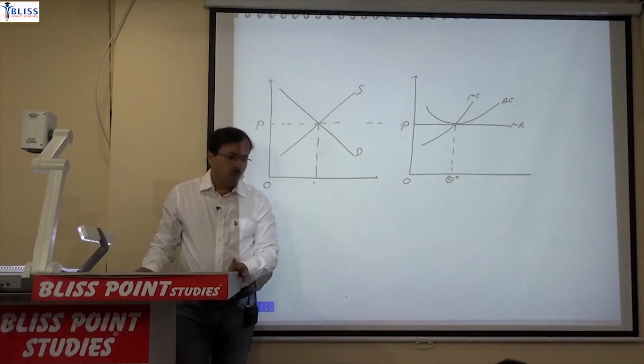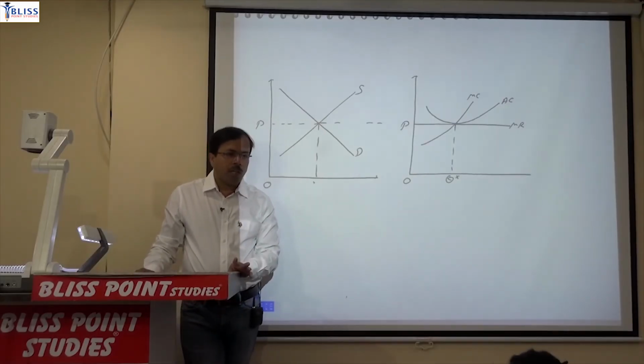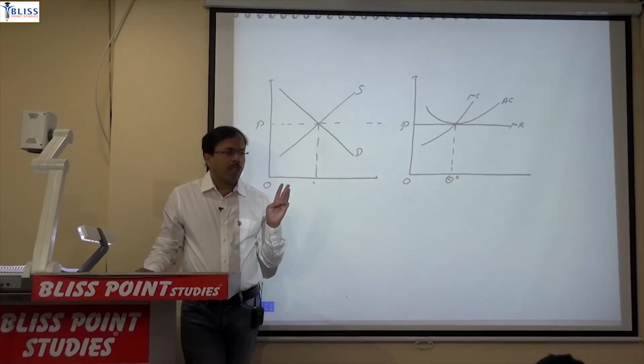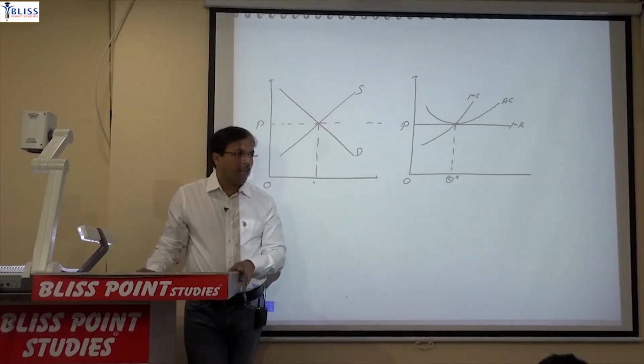Done. So you have drawn sixth part of diagram. In fact, 3 diagram for TR and TC approach and 3 for MR and MC approach.